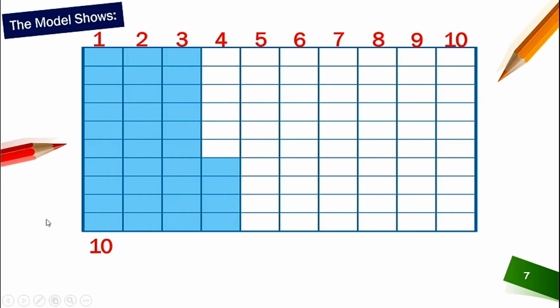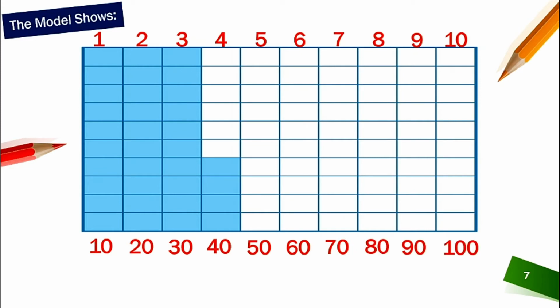We have 10 small boxes in each column. So let's count. 10, 20, 30, 40, 50, 60, 70, 80, 90, 100. All in all, we have 100 small boxes.